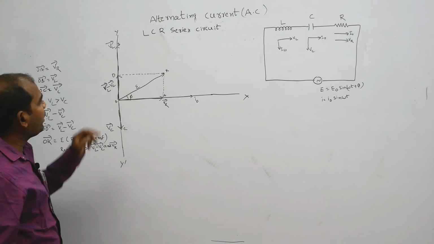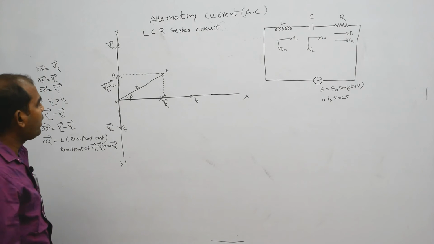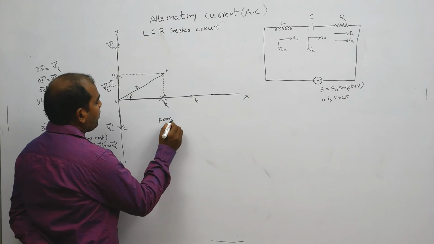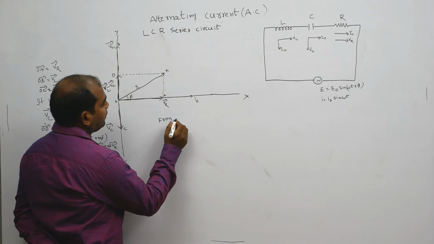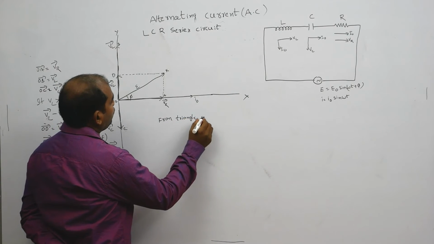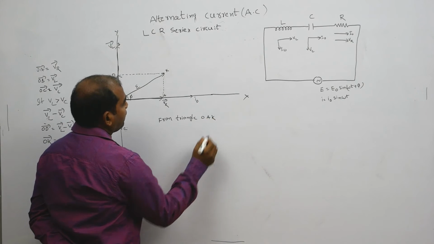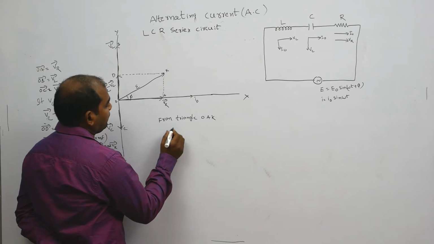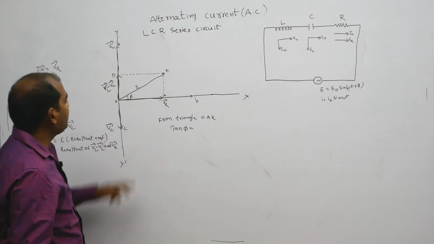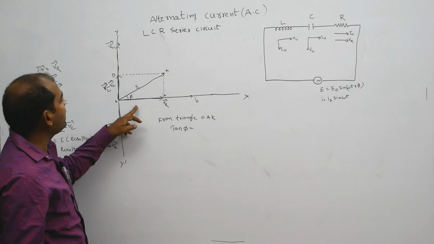Now we are going to calculate the phase difference value. From triangle OAK, tan phi is equal to the opposite side by the adjacent side.